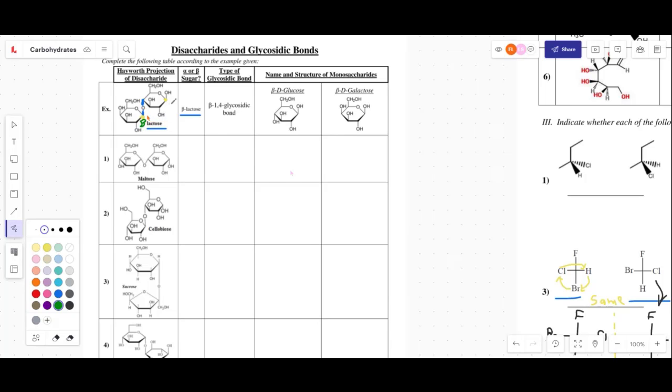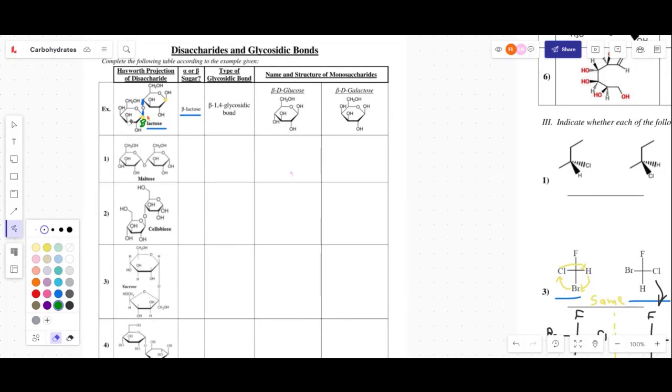Now, the other one has beta as well, but it doesn't matter, because this is not the glycosidic bond. It's not part of the glycosidic bond. So I don't care about the fact that that's beta up here. But because this has a beta linkage connecting these two, I would call this beta lactose.